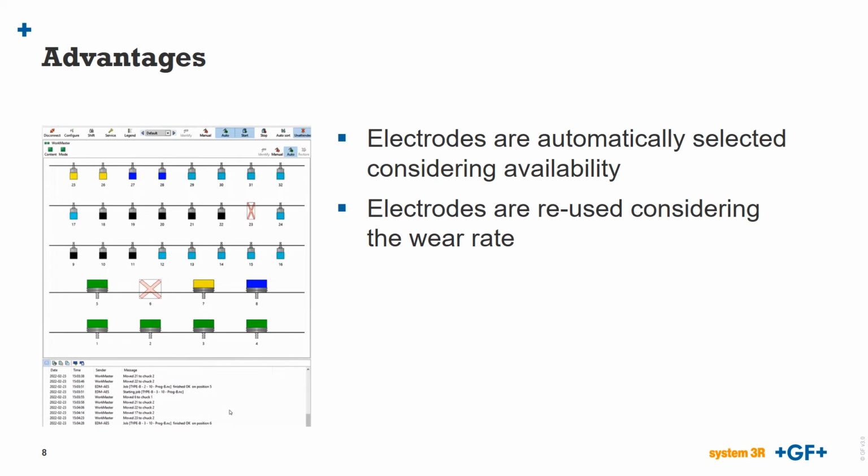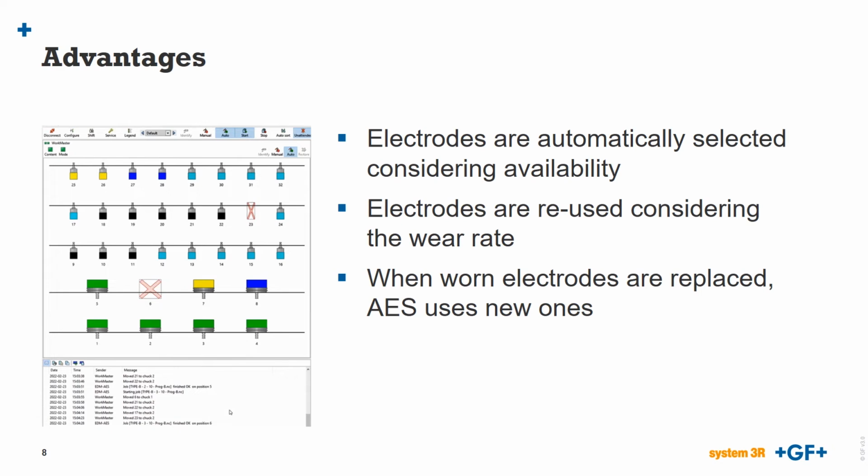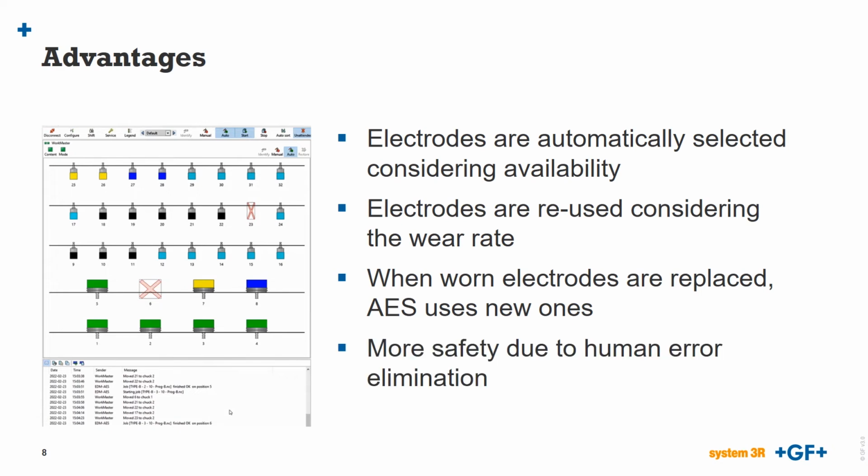If new electrodes are ready from the production department, the worn ones can be replaced by the operator in the cell, and so automatic electrode selection has new and fresh electrodes to go on eroding. This is why the software keeps track of all electrodes and knows the wear status of them all. The operator has just to replace the fully worn electrodes with near zero error risk.